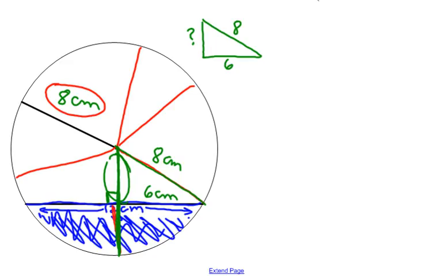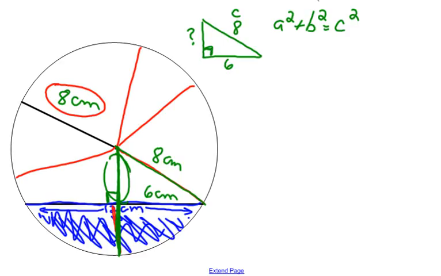So we can use the Pythagorean theorem to figure out what that unknown is. So let's start with the formula: a squared plus b squared is equal to c squared. Now we have to establish on our triangle which is a, b, or c. Sometimes it's easier to start with the longest side, which is c, because that's your hypotenuse.